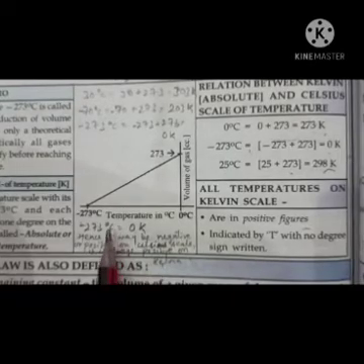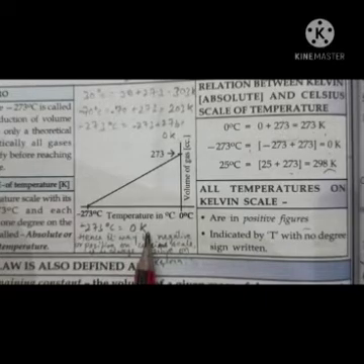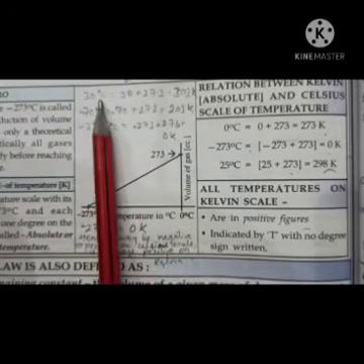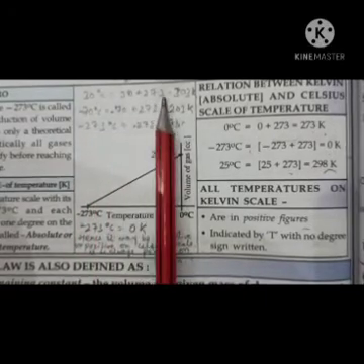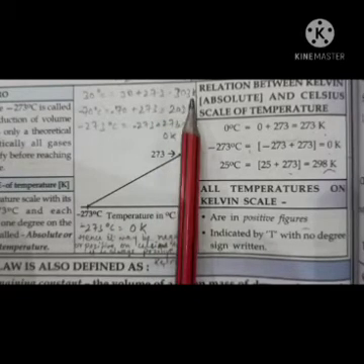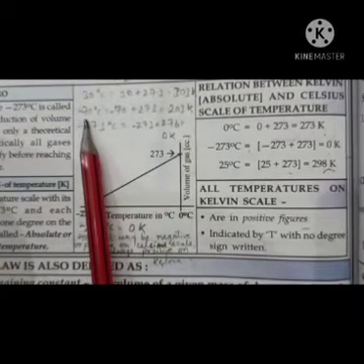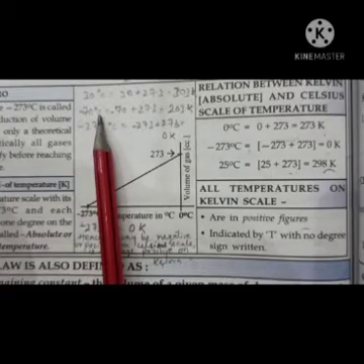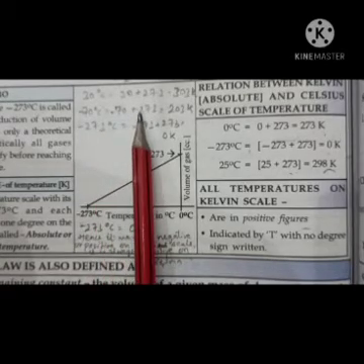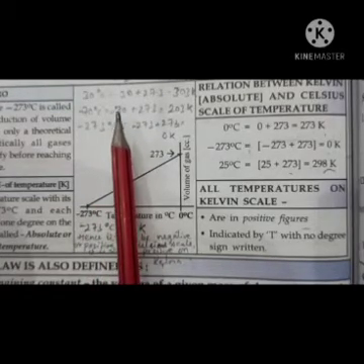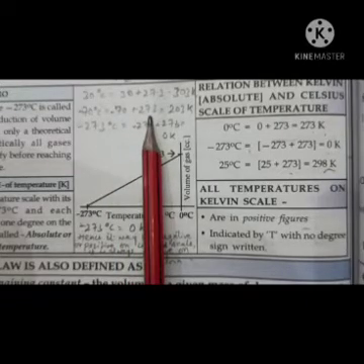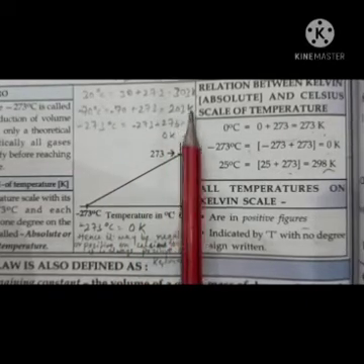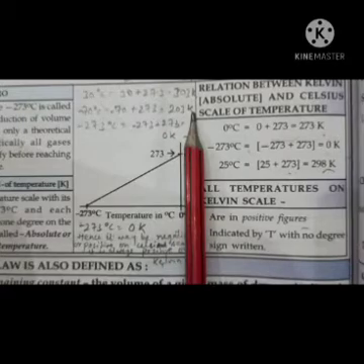For example, minus 273 degrees Celsius is equal to 0 Kelvin. So 30 degrees Celsius is equal to 30 plus 273, that is 303 Kelvin. If the temperature is minus 70 degrees Celsius, then in Kelvin you do minus 70 plus 273, that is 203 Kelvin, which is also positive.